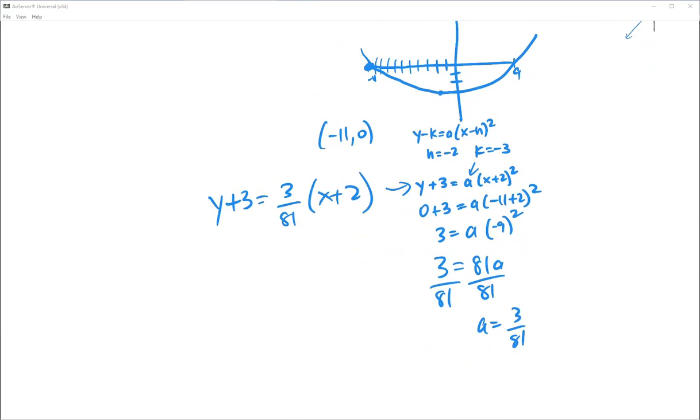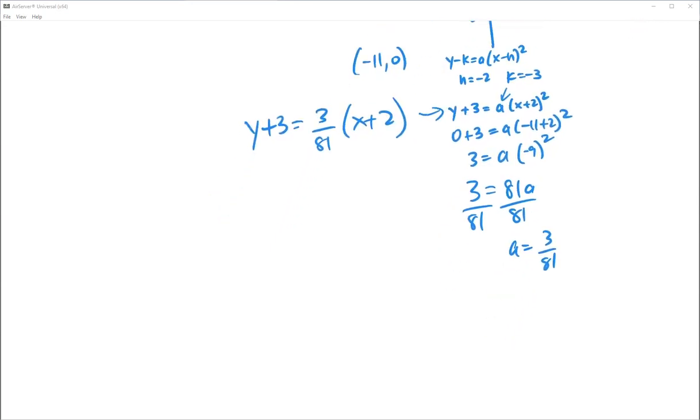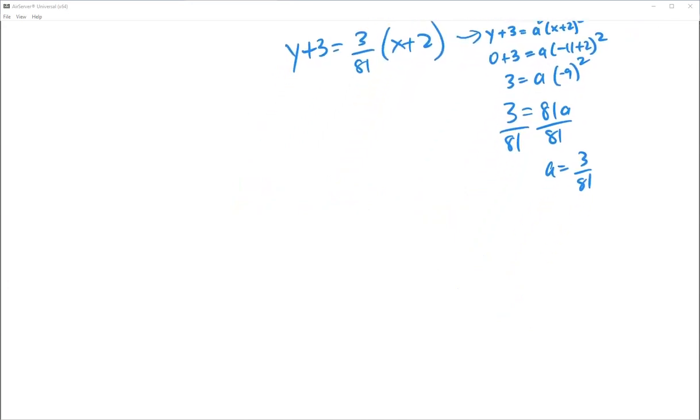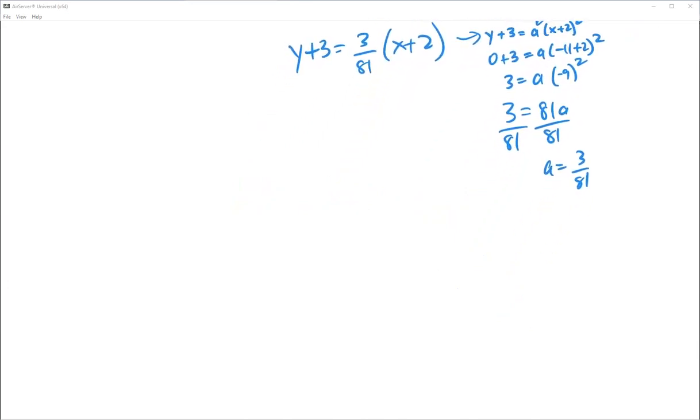And so number 14. Sorry, I can't do number 14. I've got to get going, but just to give you a clue, it opens up or down. So it's going to be y is equal to x squared, or y is equal to negative x squared.